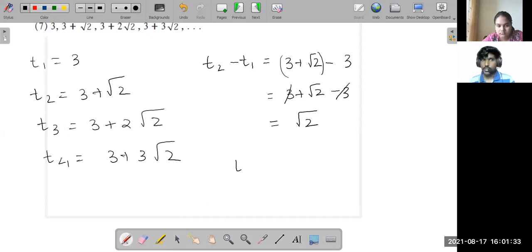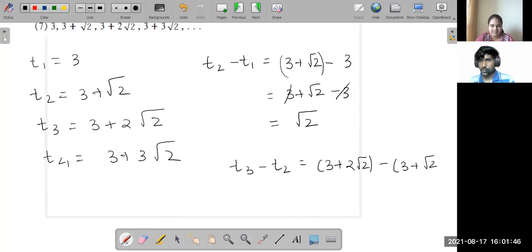Yeah. Then do T3 minus T2. T3 is 3 plus 2 root 2 minus T2, which is 3 plus root 2. Open up the bracket. 3 plus 2 root 2. Now when you open the bracket, sign changes.